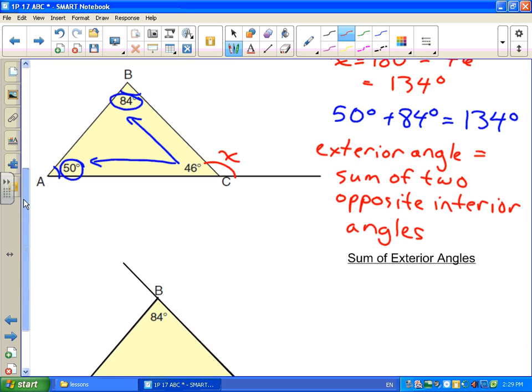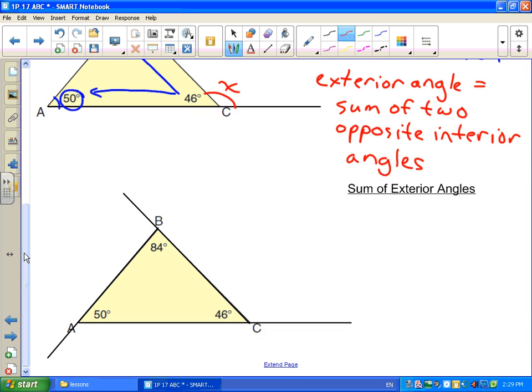Now the third property of the angles of triangles is, let's say I extend all of my sides and make three exterior angles. Here, here, and here. I can figure out how big each of these exterior angles is. I already know that this one down here is 134, because I found that in the previous question.